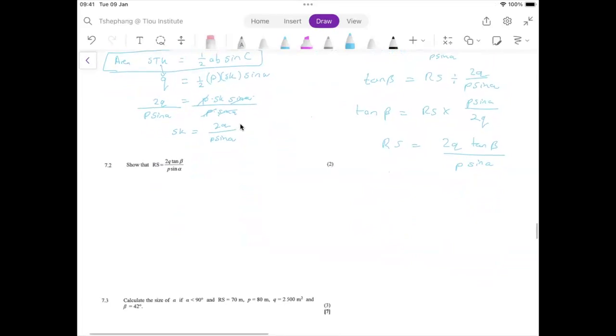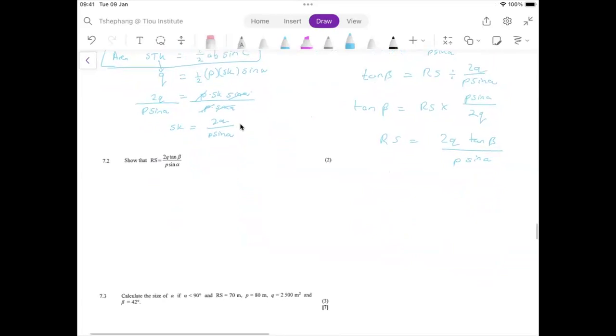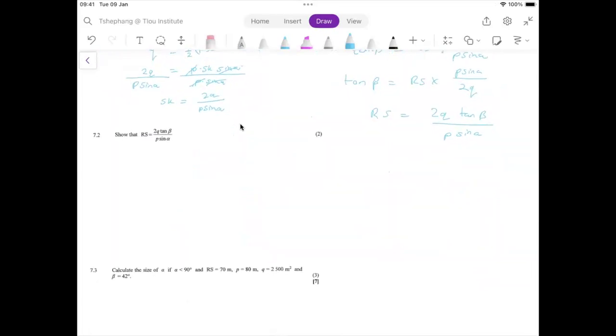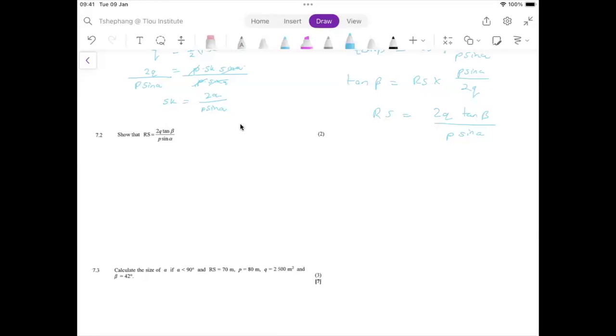Okay, so let's plug it in this way. 70 is RS, right? Now I'm going to say that 70 is equal to 2, so I'm just plugging it into this formula here, the formula for RS.